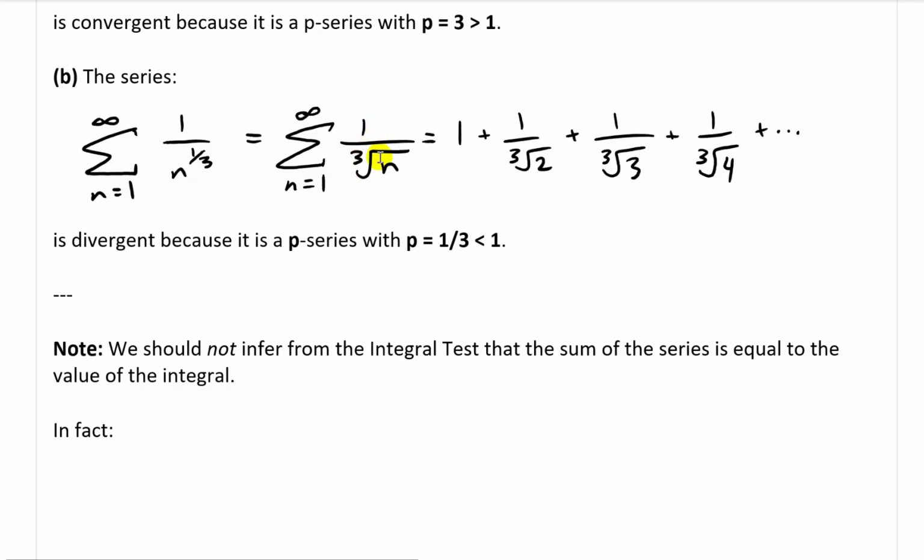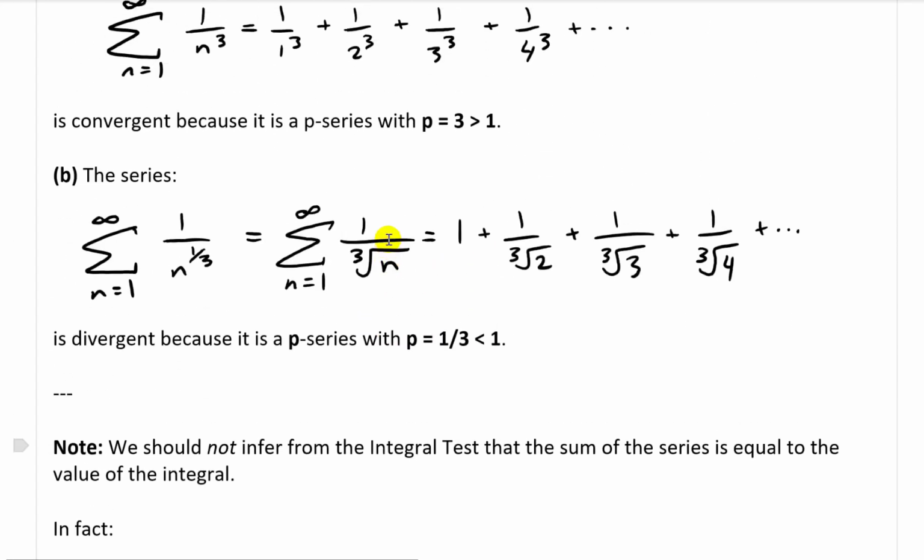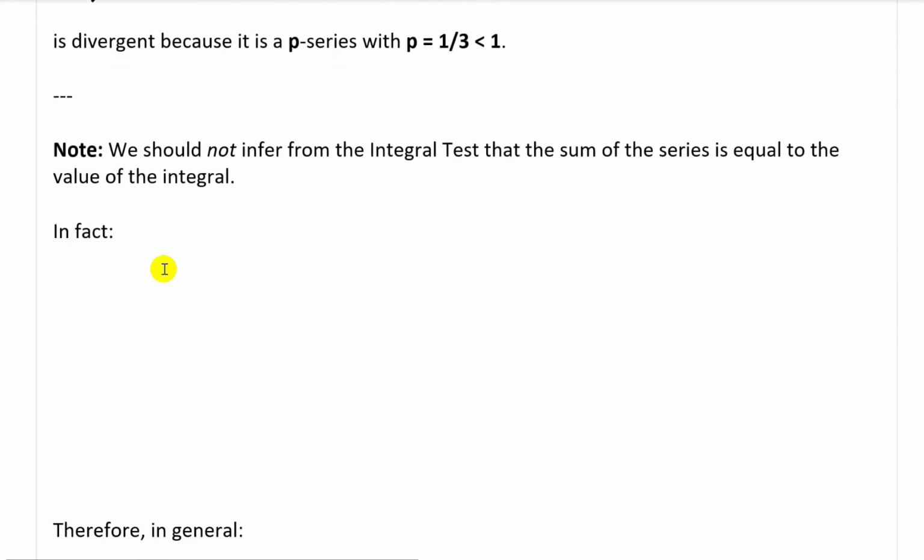And you can also write it like this, the summation of 1 over the cube root of n, which is equal to 1 plus 1 over the cube root of 2, plus 1 over the cube root of 3, plus 1 over the cube root of 4, plus etc. And this is divergent because it is a p-series with p equals 1 over 3, which is less than 1. So you could just use that theorem and quickly see if it diverges or converges.